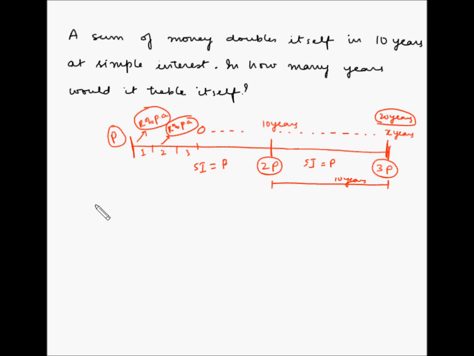So we know that simple interest is equal to principal multiplied by the rate multiplied by the time divided by 100. Now in the first case we have been given that in 10 years the principal amount doubles itself.